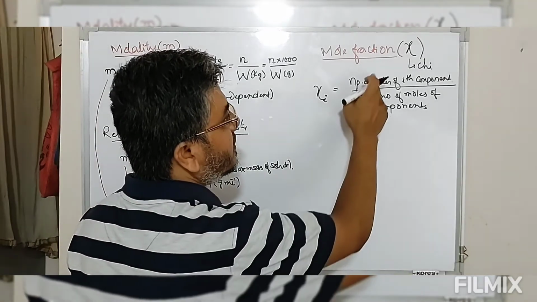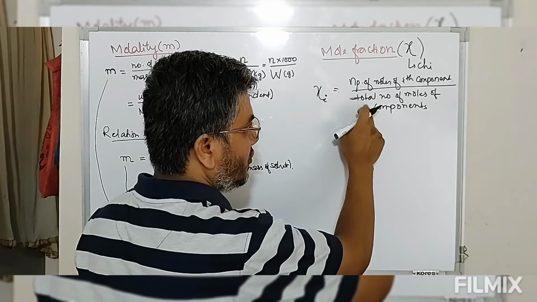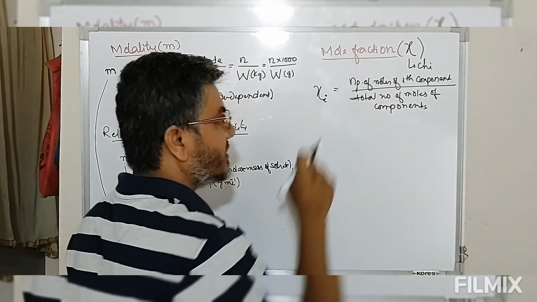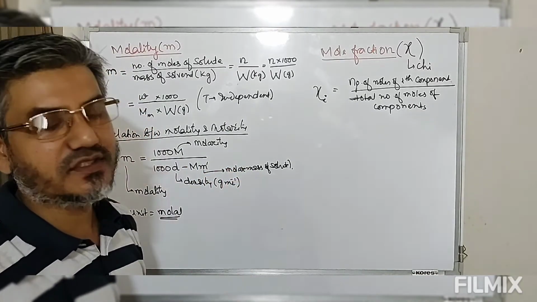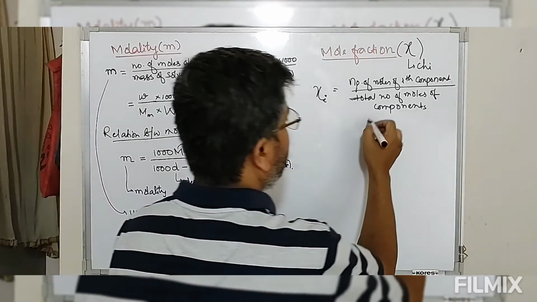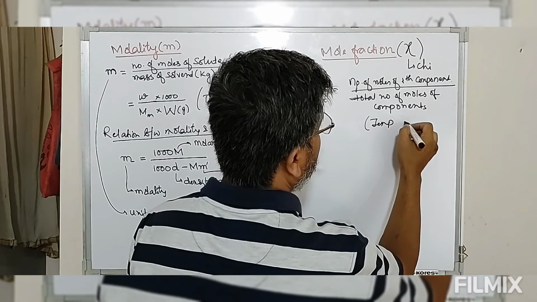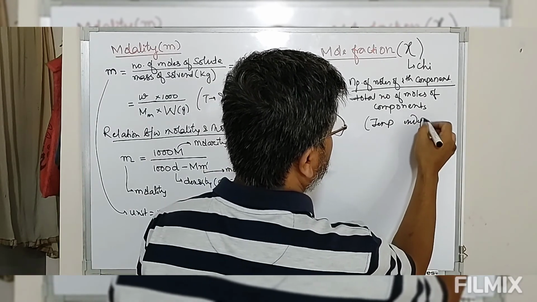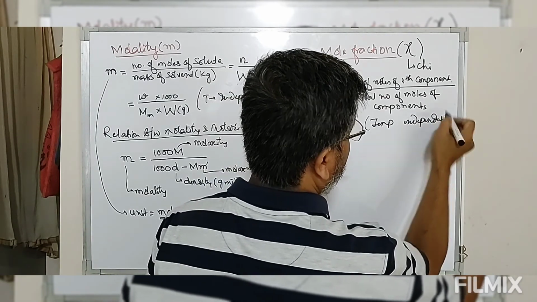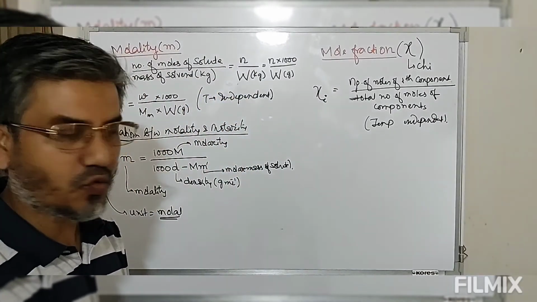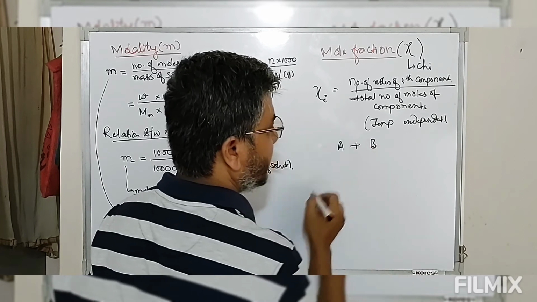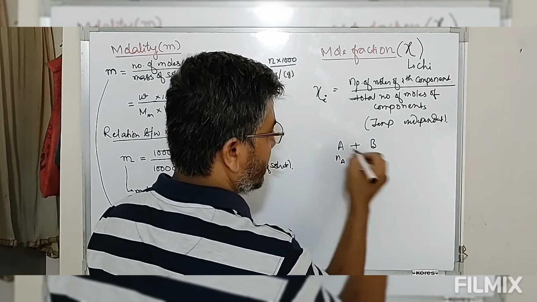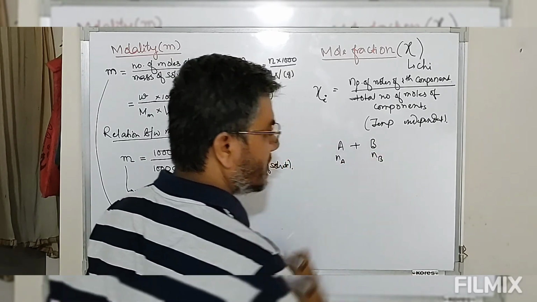Now look at this. Numerator is number of moles, denominator is also number of moles. We are having a ratio of number of moles, so this is a unitless quantity, and number of moles is temperature independent, so this is again a temperature independent quantity. Now suppose we have a mixture of A and B. Number of moles of A is Na, number of moles of B is Nb.